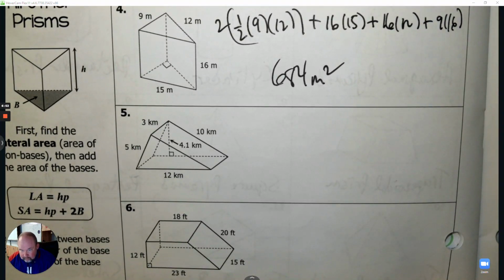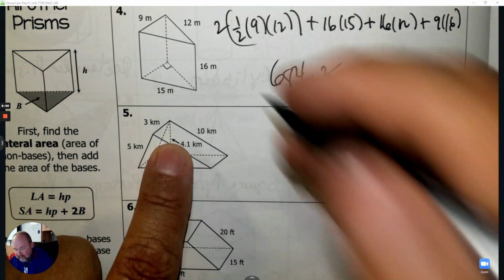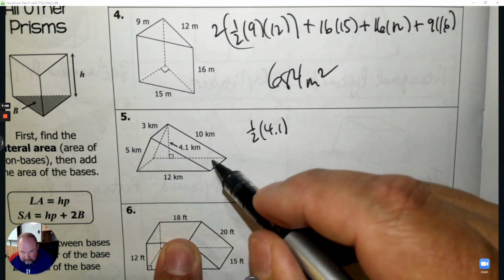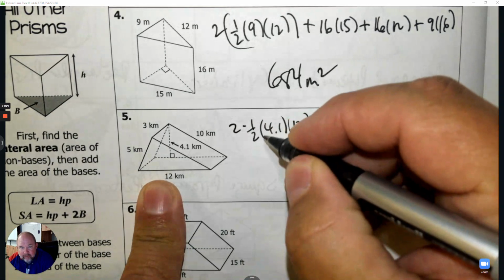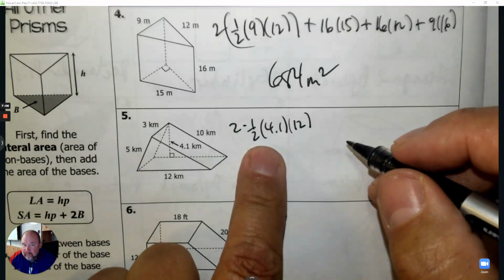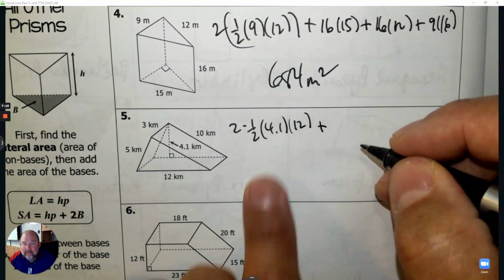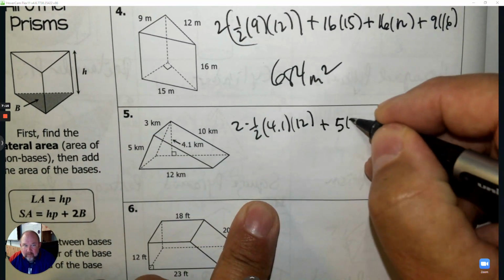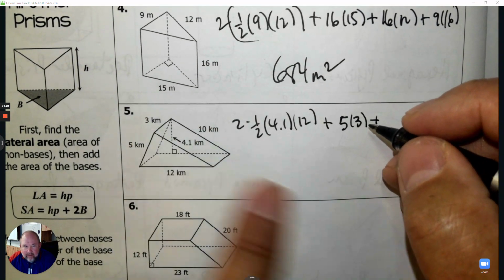Again, this is a triangular prism. So the triangle, they say it's 1/2. The height is 4.1. And the base is 12. And there's 2 of them. So I go 2 times 1/2 times 4.1 times 12. And then the rectangles. So one rectangle is 5 by 3. Another rectangle is 10 by 3.